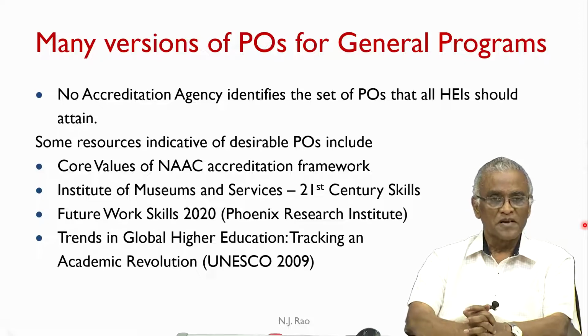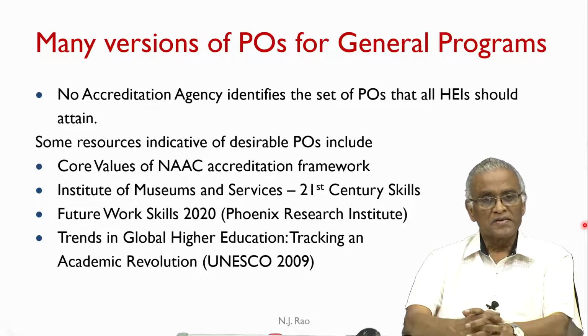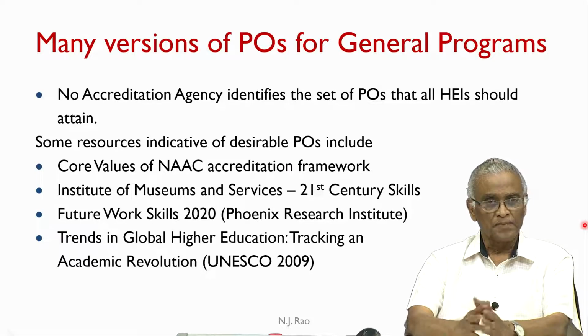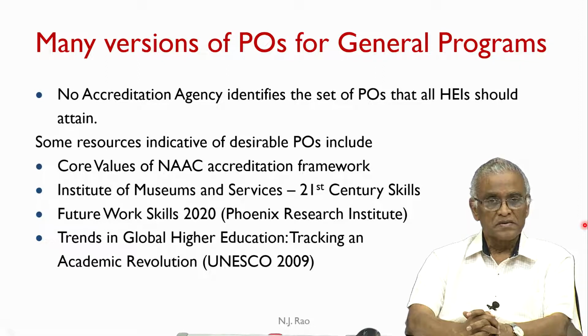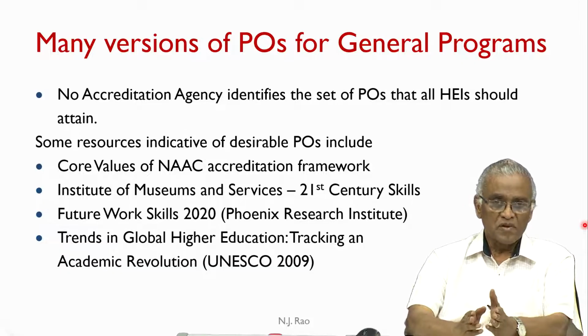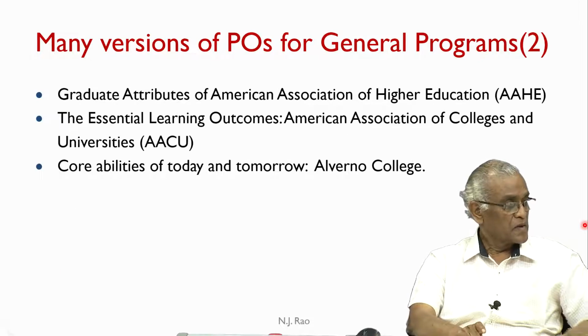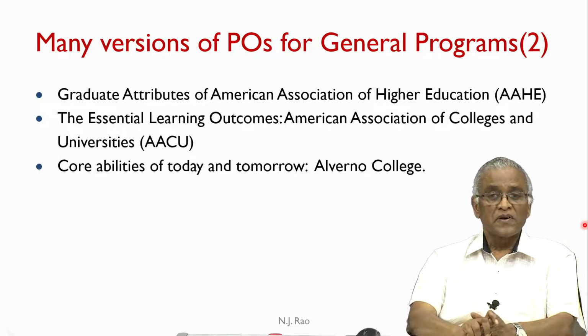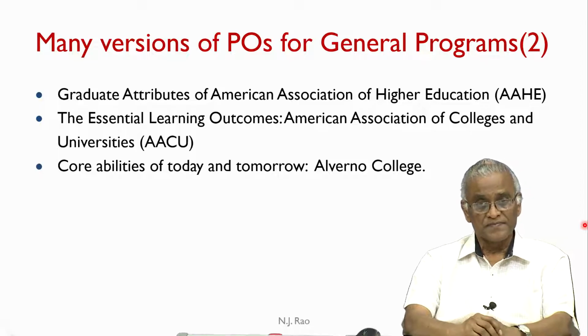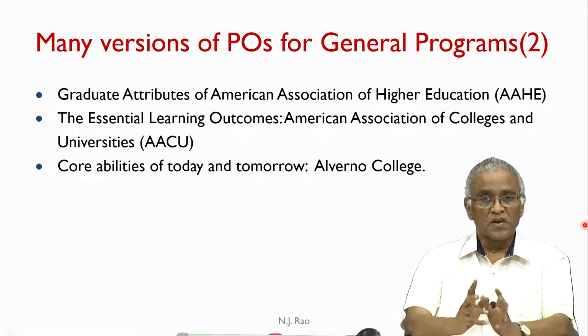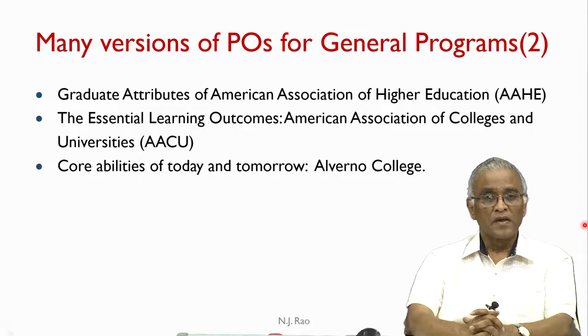The Institute for the Future, Future Work Skills 2020, put up by the Phoenix Research Institute, and Trends in Global Higher Education: Tracking an Academic Revolution, a UNESCO report of 2009, and Graduate Attributes of the American Association of Higher Education, AAHE, one of the representative bodies of the United States of America.